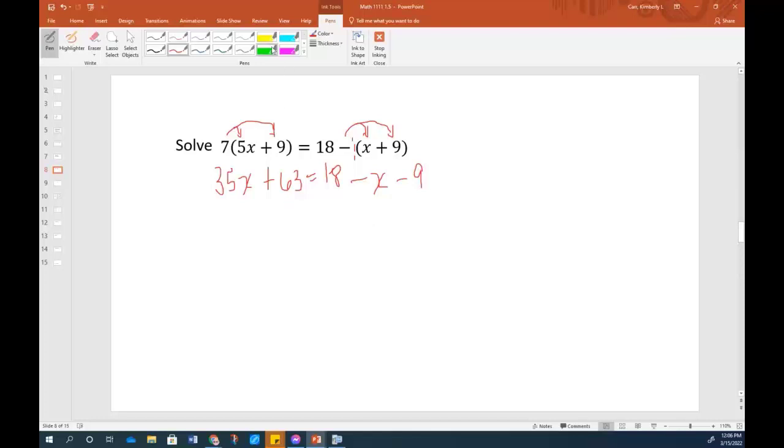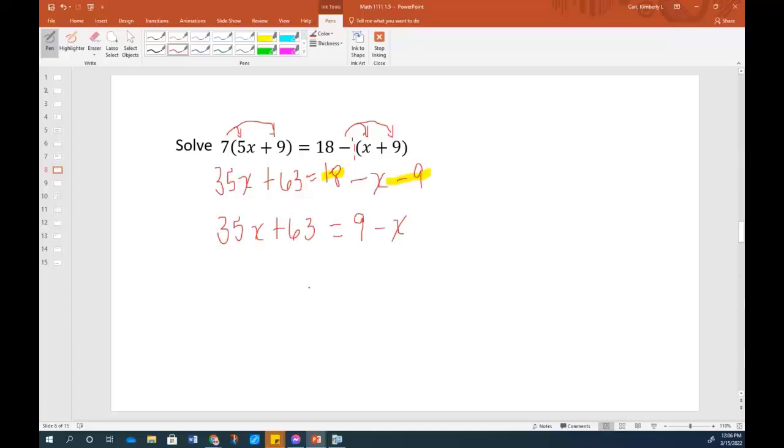So now I need to combine my like terms. I don't have any on the left, but on the right, the positive 18 minus 9 is going to combine. So I have 35x plus 63 equals, and then 18 minus 9 is 9, and I have minus x.